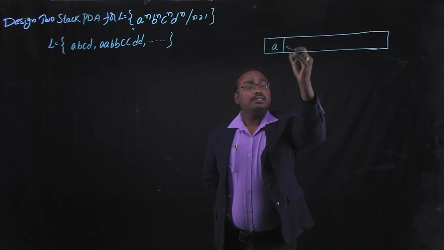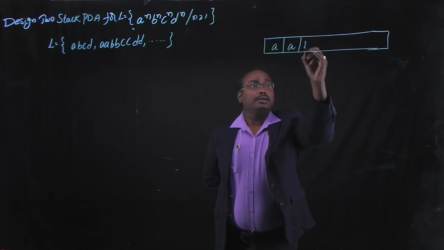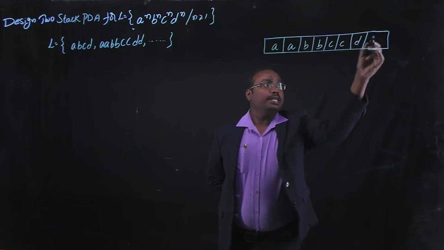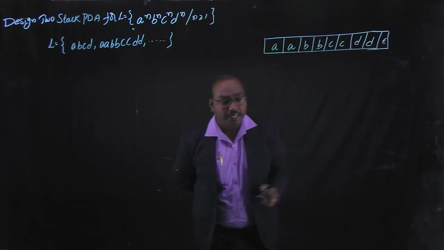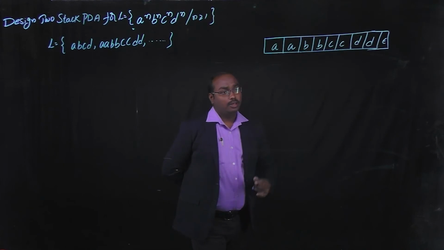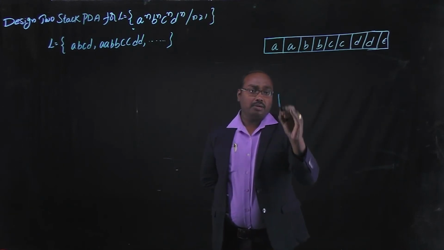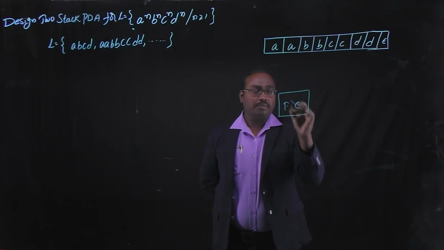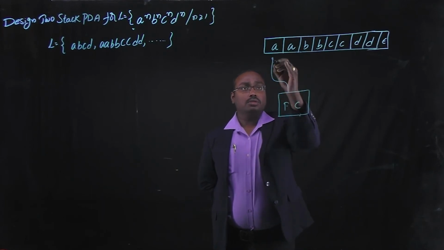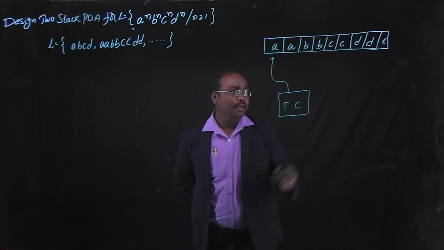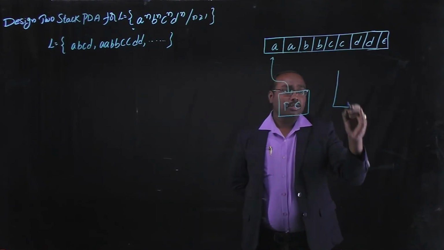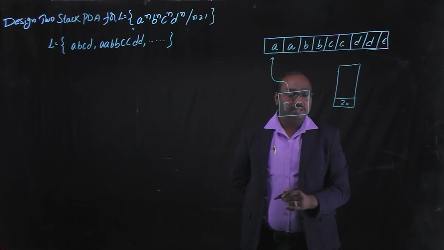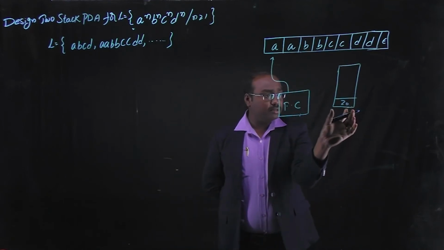I am taking the string as A, B, B, C, C, D, D, and at the end of the string is epsilon. This is my finite control machine. First, the reading head moves to the starting input symbol, which is A, and the stack 1 input symbol is Z0.